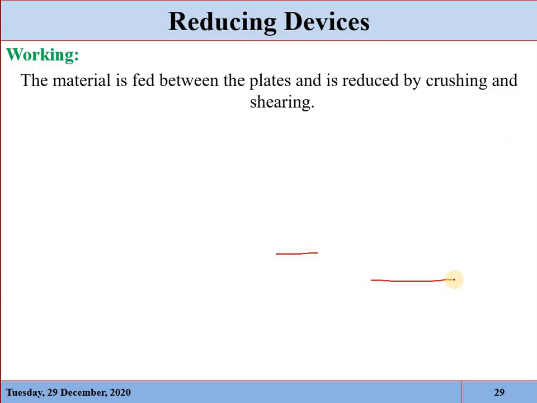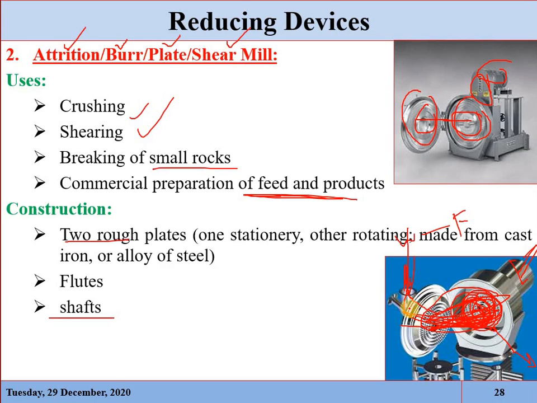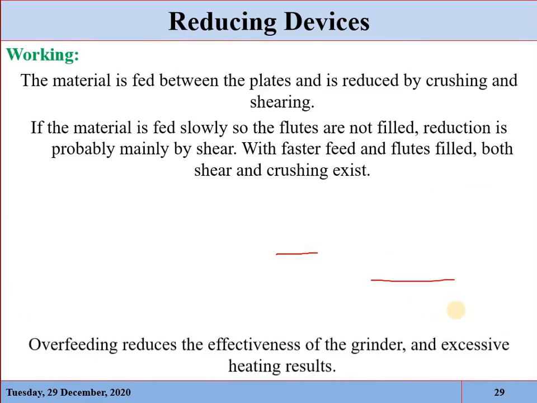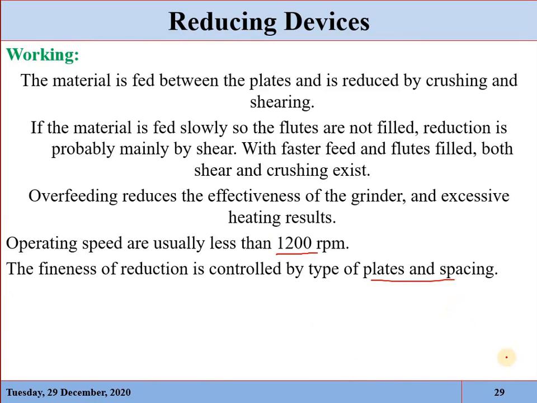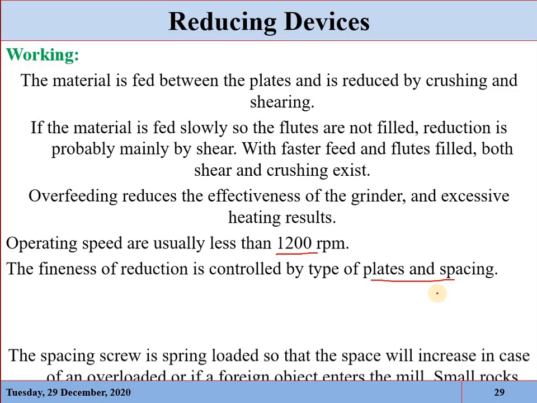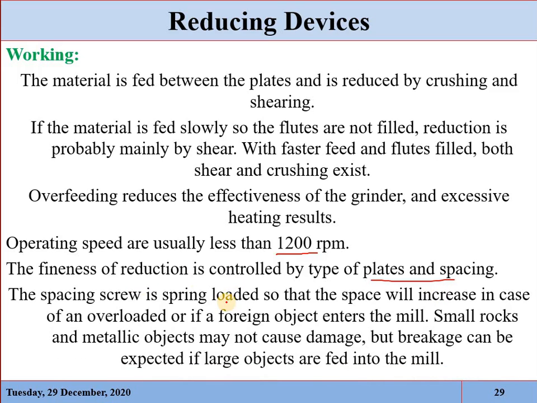Okay, suppose you are reducing the size of the product, so the fineness of the reduced product, the powderiness of the reduced product, will depend on the roughness of the plate and the spacing between the two plates. Okay, the spacing screw is spring loaded so that the space will increase in case of an overload.